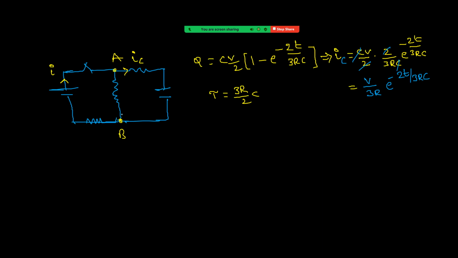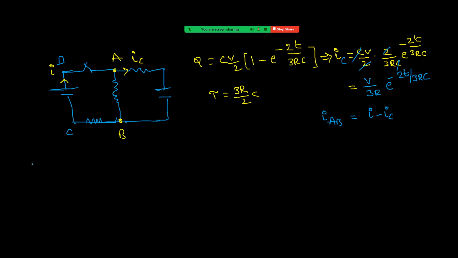Now the current through AB will be equal to I minus IC. We know the IC value, but the I value is not known. So if we know the I value, we can get IAB, right? Now to find that, see what we can do. Take the loop equation. Suppose this is ABCD.